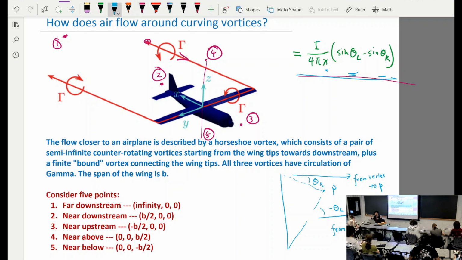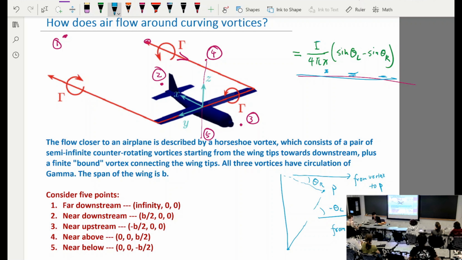So it's the orthogonal distance to that vortex. We'll also use examples to illustrate what x means. And theta L and theta R are the angles between that orthogonal direction and the line that connects the end of the vortex to the observation point.